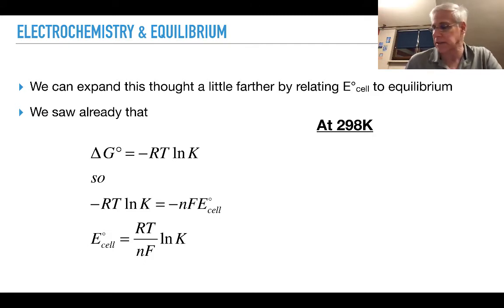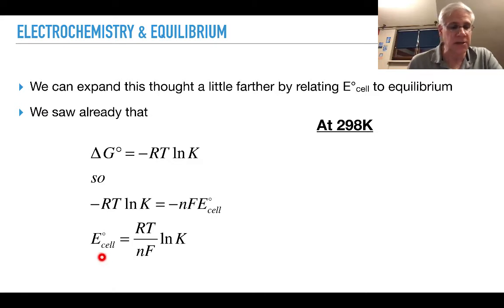So we can set those two things together and we get minus RT natural log of K is equal to minus NF E0 cell. So these two quantities are now equal, and we can rearrange those to solve for any of those variables that we want.